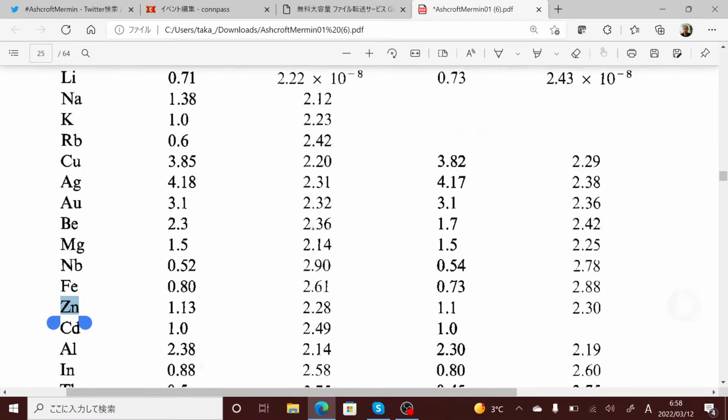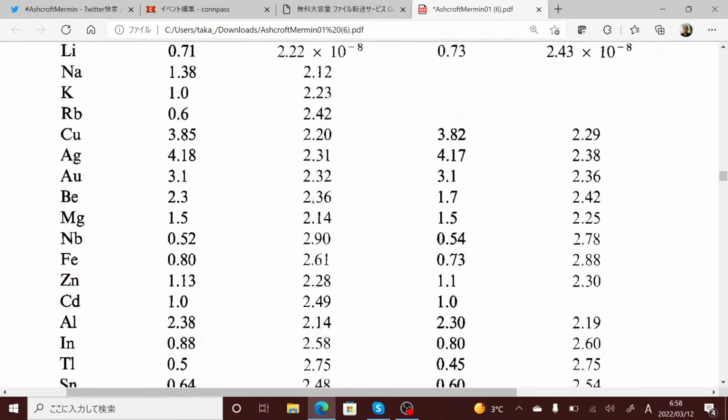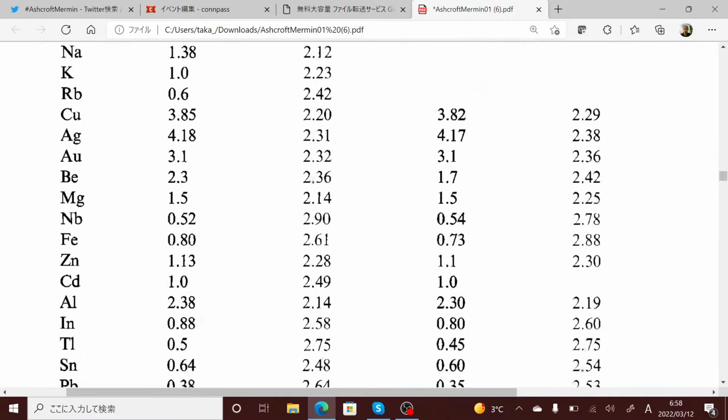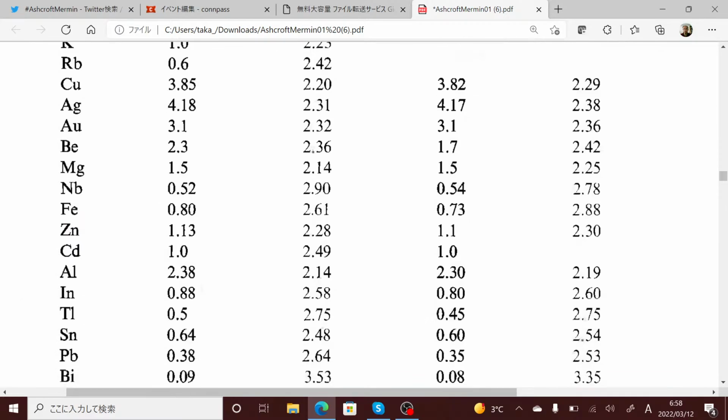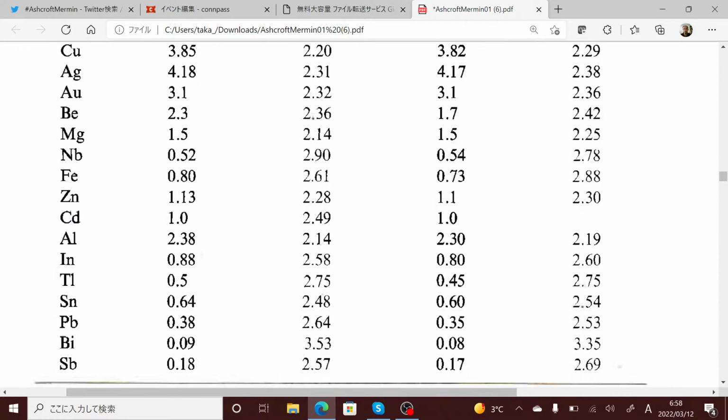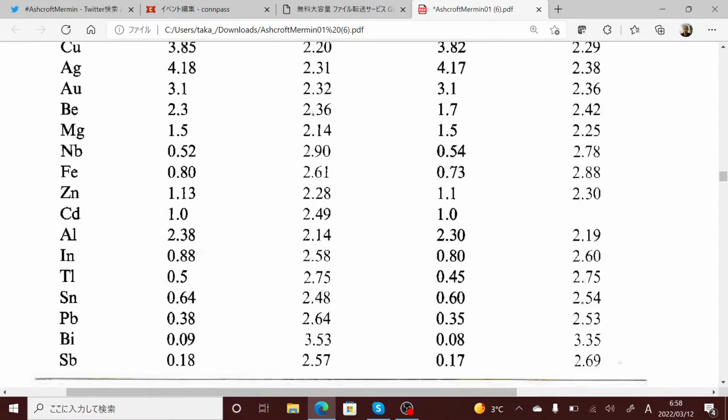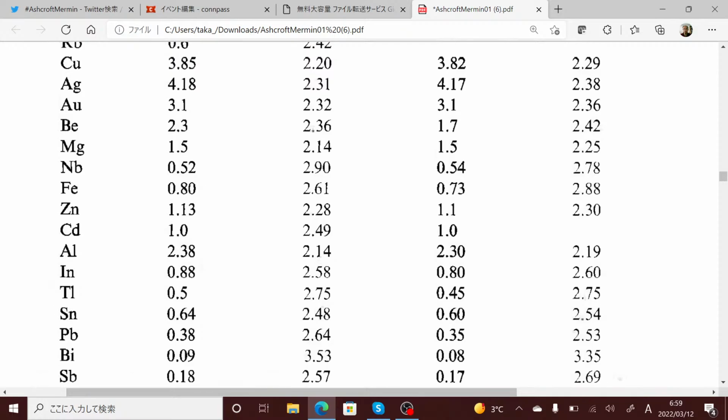Niobium deviates a little. Niobium and iron, cadmium, thallium, bismuth, antimony, tin, indium.